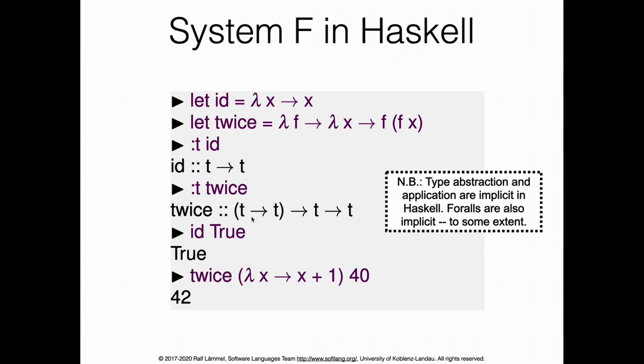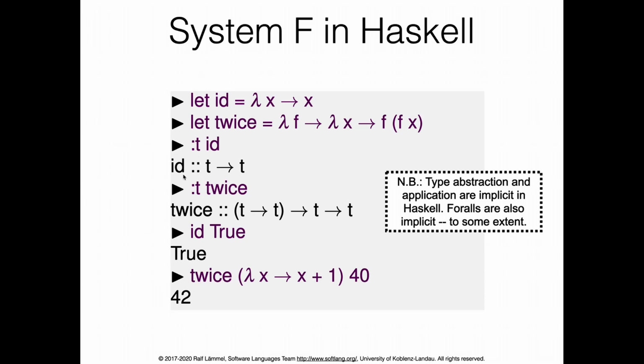So obviously we can declare the ID and the twice function in Haskell, and as you know, Haskell provides type inference, so we don't explicitly need to attach the types here, but nevertheless, these functions are still typed, and they're also polymorphic, which we see here.